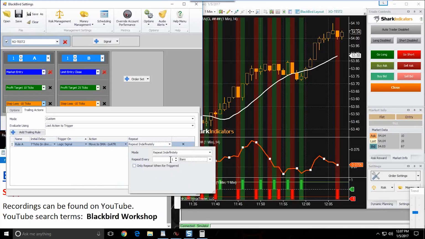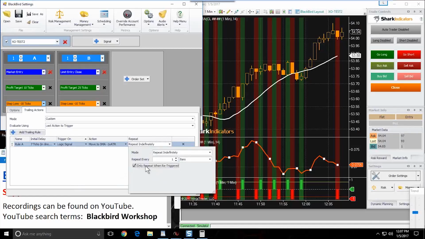If I have my repeat set to repeat indefinitely, once per bar, as soon as we get that bloodhound signal, the stop loss will begin to trail on every new bar indefinitely, unless I check this.